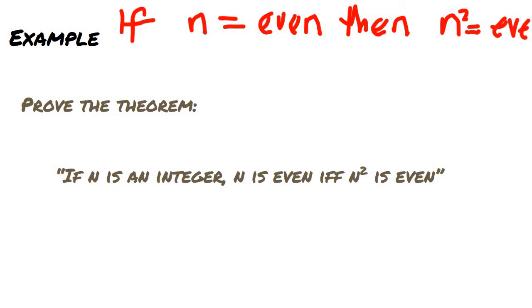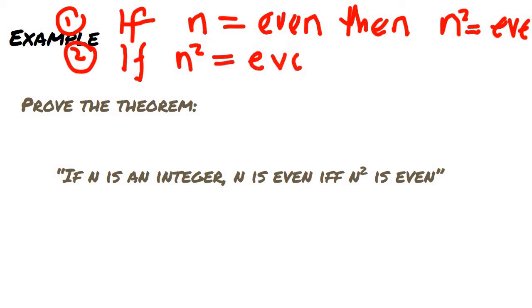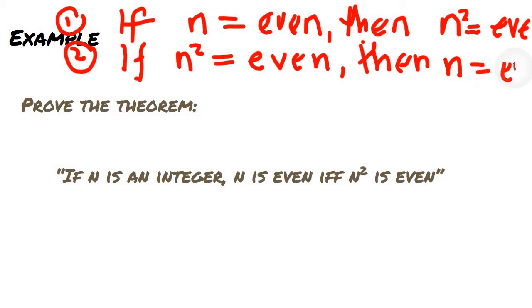The second one will be the converse. So its converse will be if n squared is even, then n is also even.